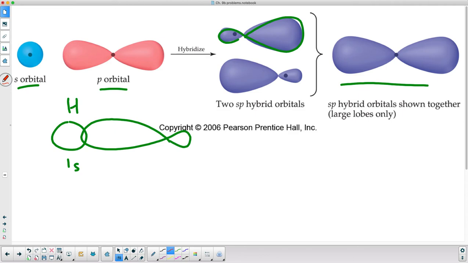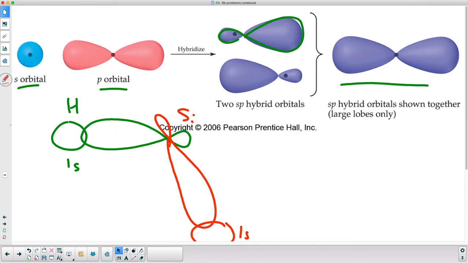So 2 of them are going to look like this, like that. And then we have the overlap there for the 1s for the H. This is all silicon right here. Okay, that's 2 of them. The reason why I drew it like this is because this should have a bond angle of 109.5 degrees.